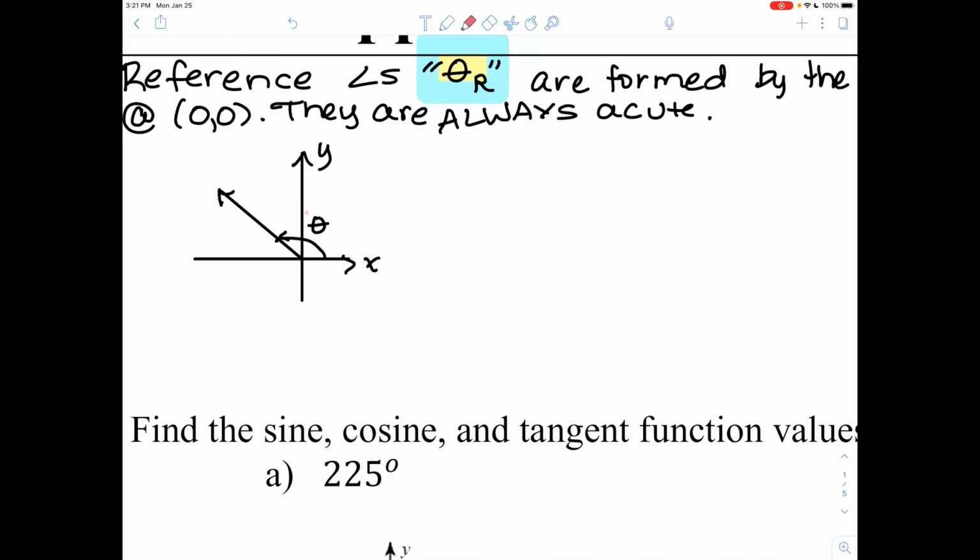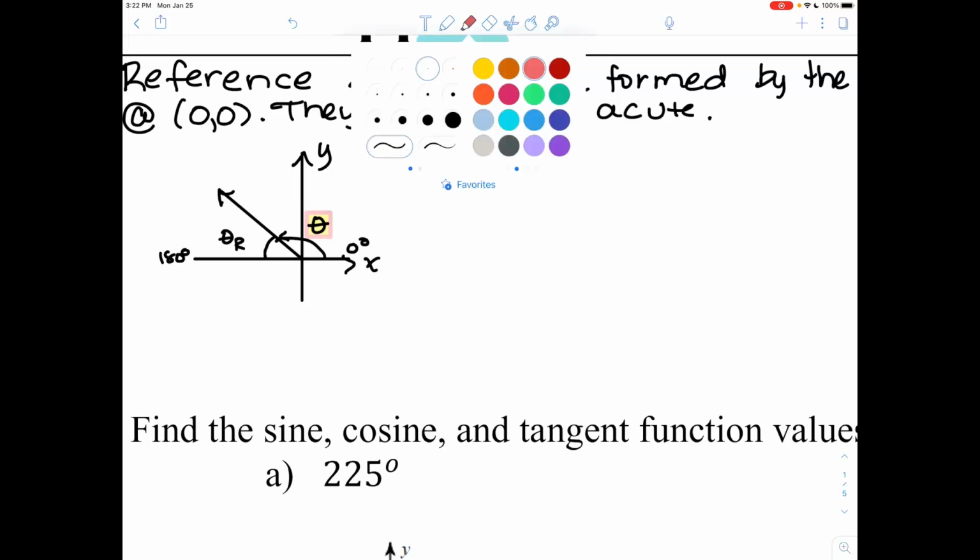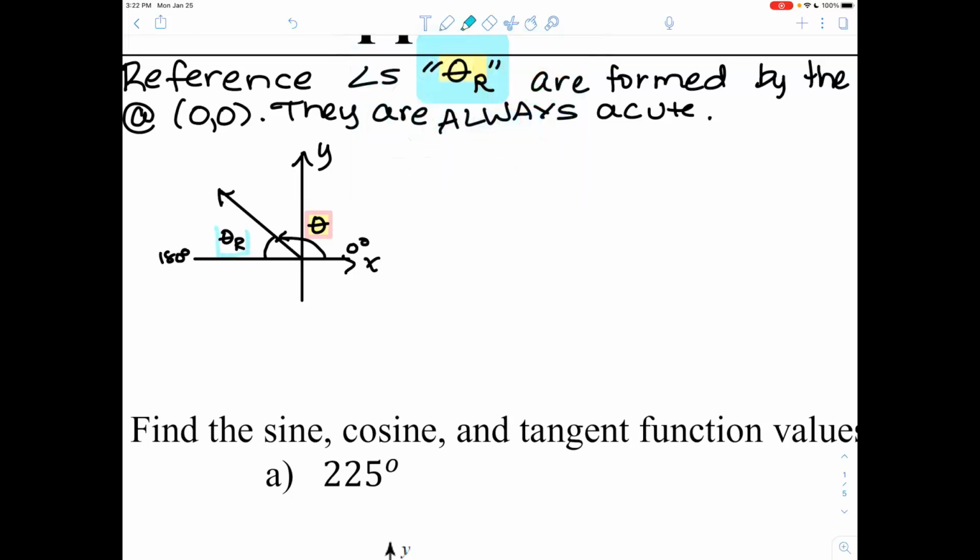I'm going to highlight that. Okay, and this is 0 degrees, and this is 180 degrees, and so theta's reference angle is this measure here between the terminal side of angle theta and the x-axis with the vertex at the origin.